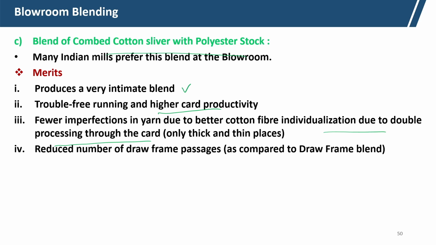and reduced number of drawframe processes. So, drawframe process as compared to drawframe blending, because already this is blended in the blowroom stage. So, intimate blending is there. Drawframe blend requires at least 3 drawframe passages. Here 1 drawframe passage should be enough, or maximum 2.